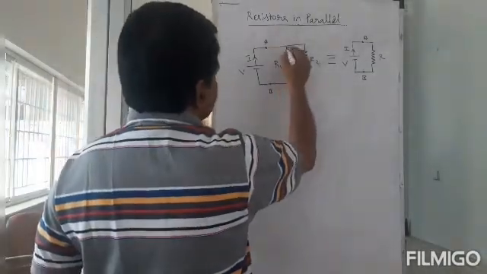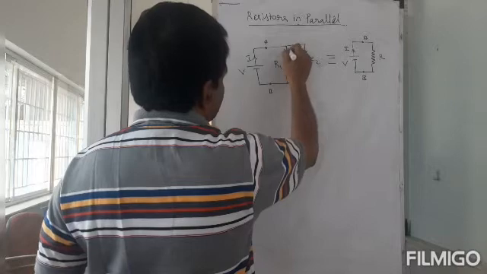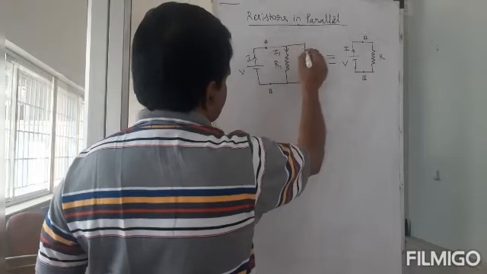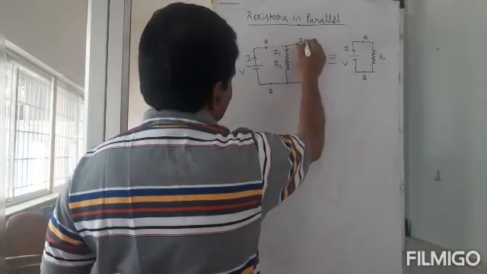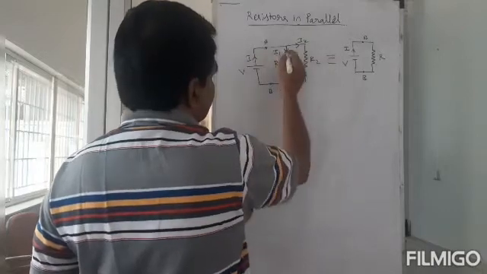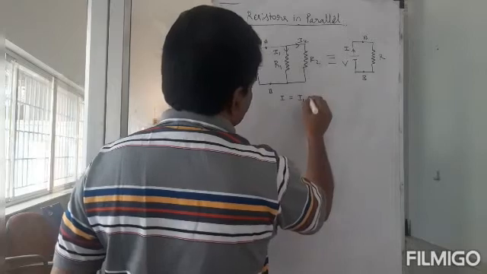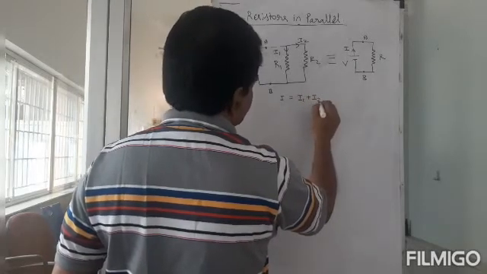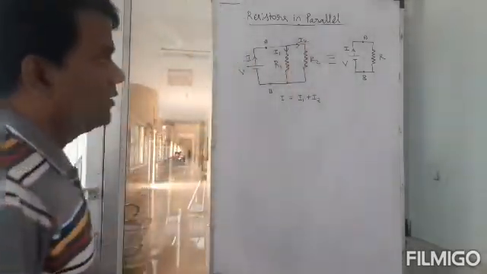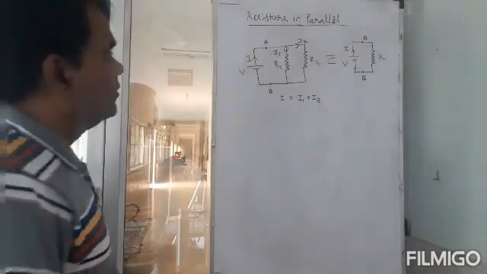Okay. Now let's do this. Let's say this is I. I will go and then it will split into two things. I1 will go here and then I2 will go here. I gets split into I1 and I2. So I is equal to I1 plus I2. Okay.